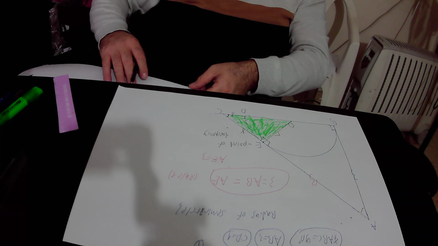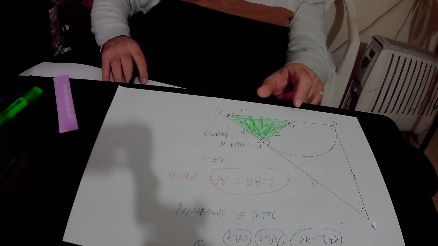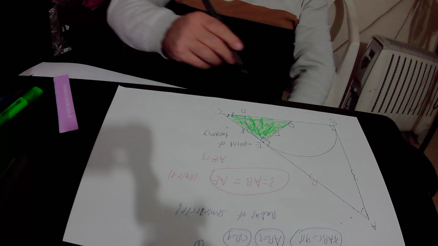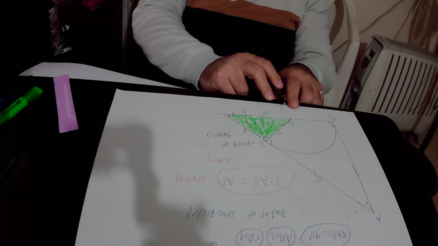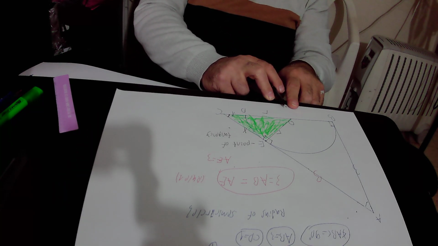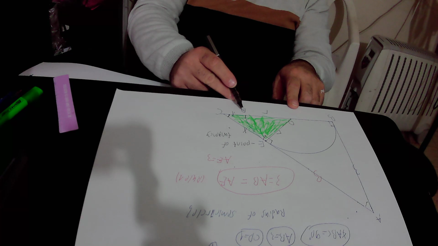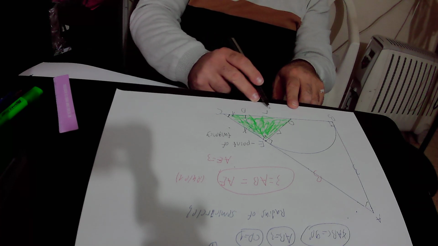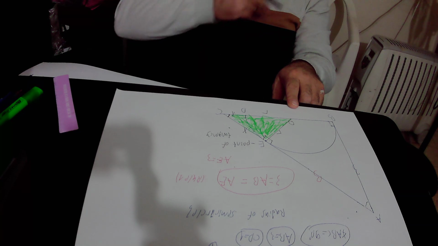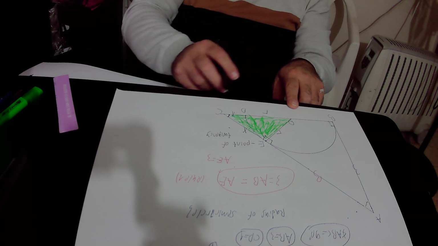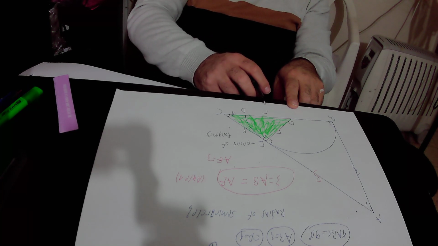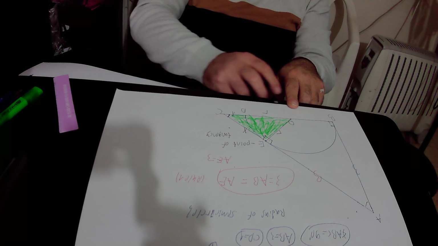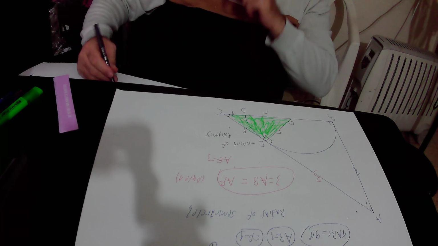Actually, OD is the radius of the semicircle because line segment OD starts from the center of the semicircle, point O, and ends at point D, a point on the semicircle itself. Therefore, OD is the radius of this semicircle. So in total, OC equals OD plus DC, that is R plus 1. In total, OC equals R plus 1.